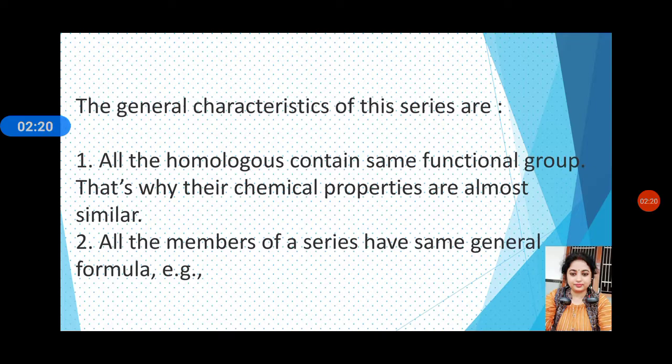Let's see the general characteristics of a homologous series. Number one, all the homologous compounds in a series are composed of the same elements and contain the same functional group. Number two, all the members of a series have a general formula.